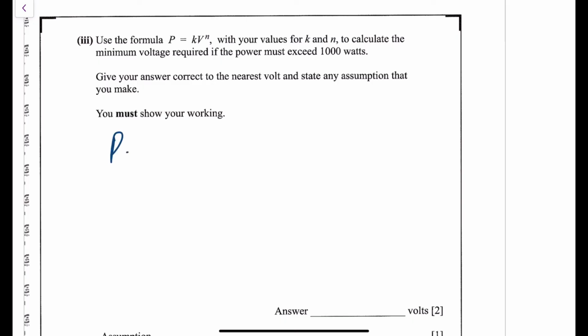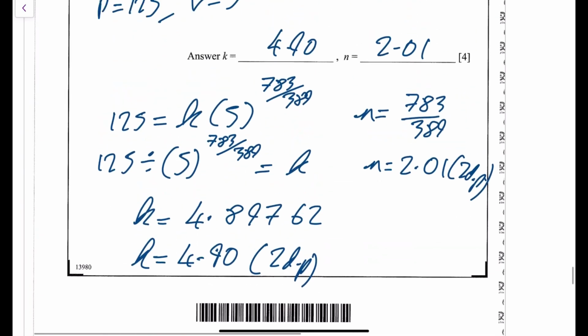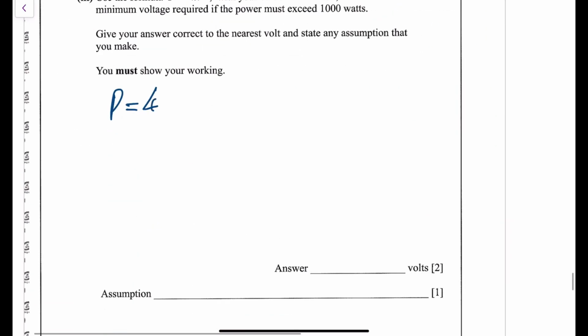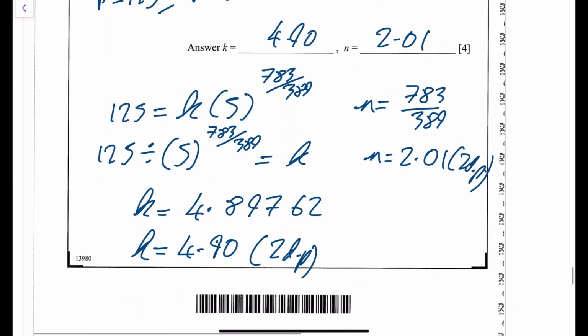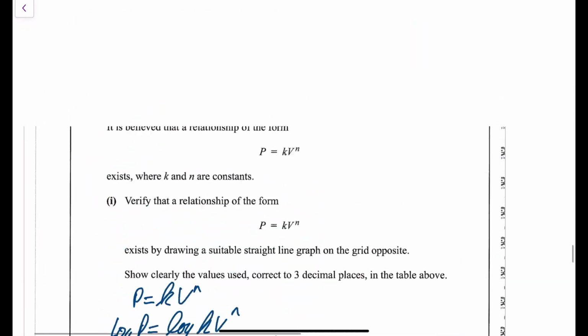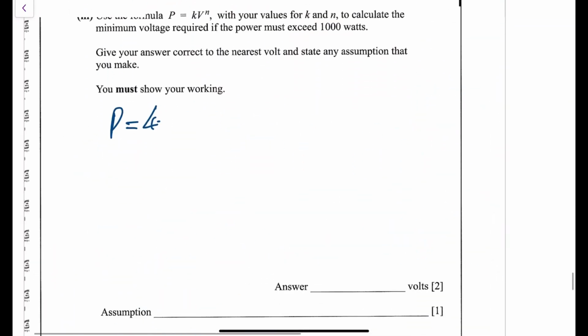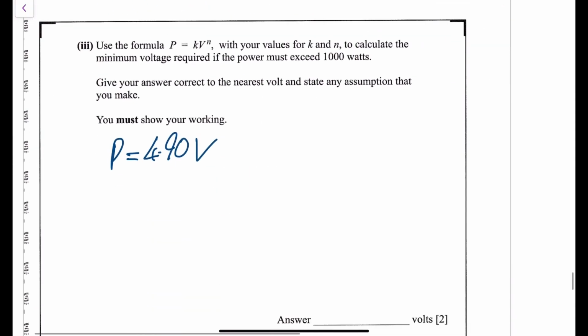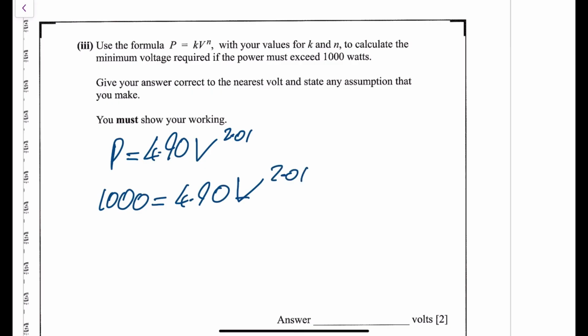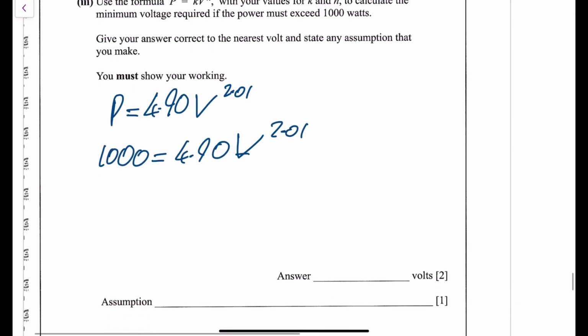So our formula was P is equal to, and our K value was 4.90, times V to the power of n, and our n worked out to be 2.01, and the power must exceed 1000, so 1000 is equal to 4.90 times V to the power of 2.01.